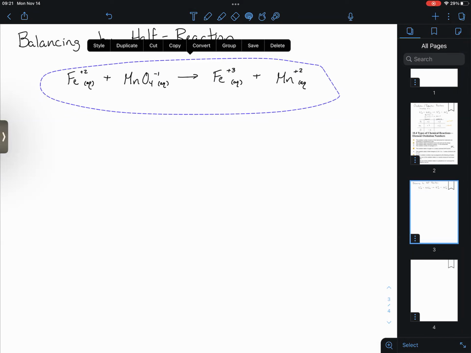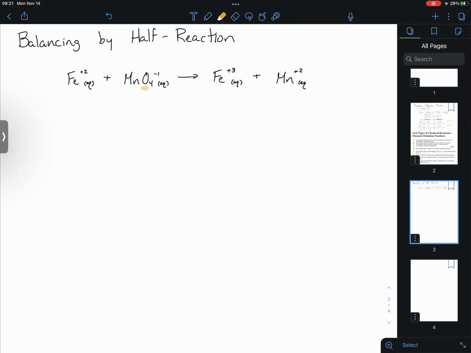Right off the bat, you can see that something's abnormal compared to what we're used to here, because I have an oxygen on one side and that's not appearing over here at all. So I can't use my normal method for balancing, right?